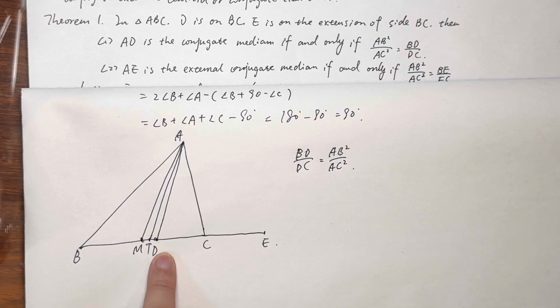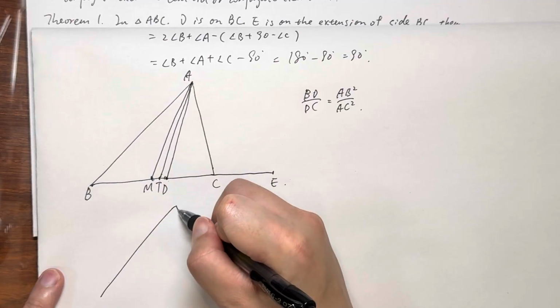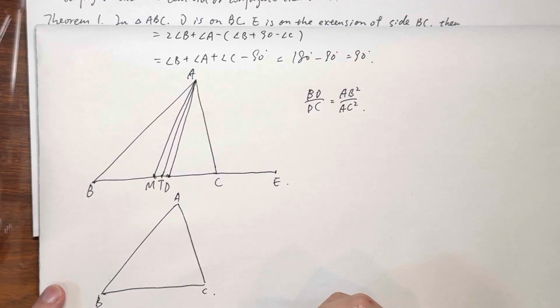So if you remember that when we discuss about the generalization of the angle bisector theorem, we talked about one theorem, that Steiner theorem, which is saying that in a triangle ABC here, again, I strongly recommend you, the audience, if you haven't watched the video that I talk about the generalization of the angle bisector theorem, the harmonic bundle, and the Miquel point, I strongly recommend you to watch those videos first, right?